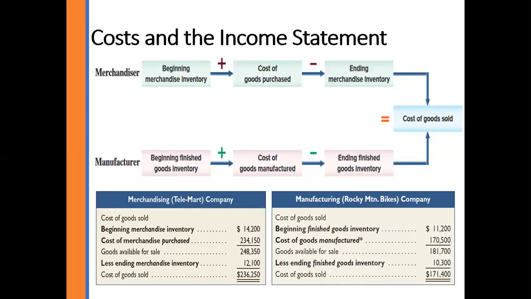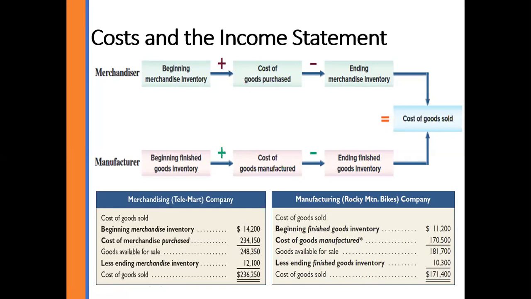The way we calculate cost of goods sold is a little bit different depending on whether it's a merchandiser or manufacturer. In a merchandising company, and they're showing us the example down here too, here's the formula. We take beginning merchandise inventory plus purchases, so plus the cost of goods purchased, minus ending merchandise inventory, and that gives us cost of goods sold.